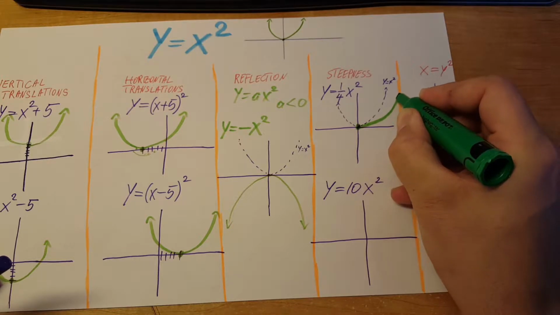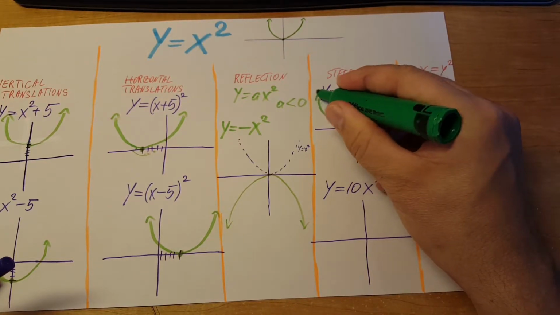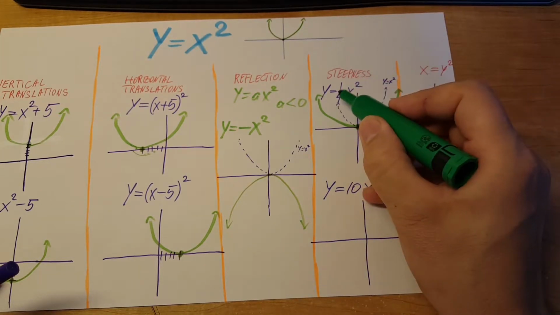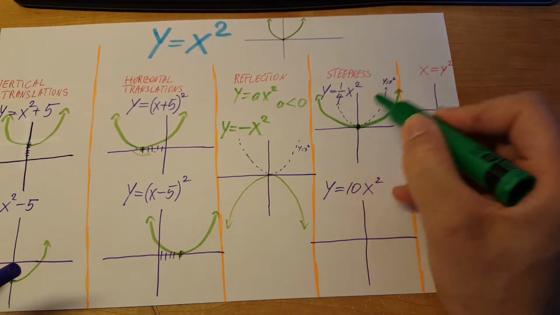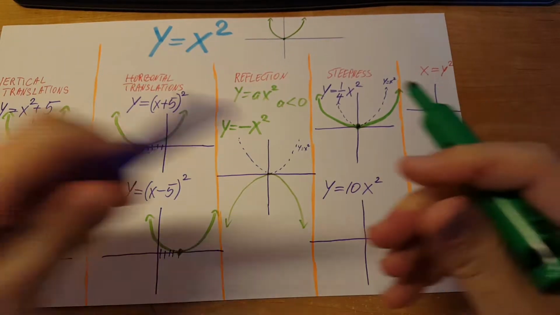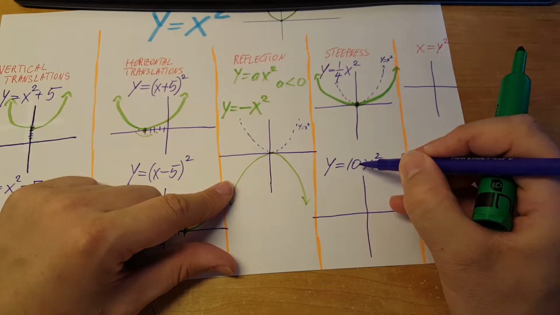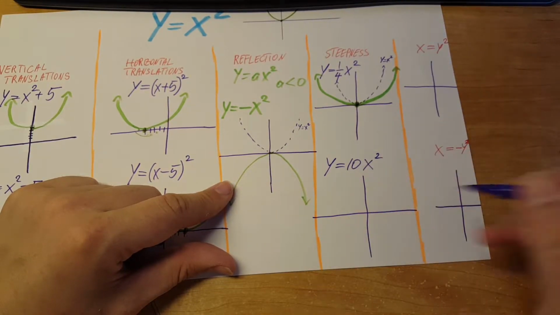We can see that it gets wider, it gets less steep. So this function is less steep than y equals x squared. Now let's do the same when the coefficient is bigger than 1. Let's say 10.